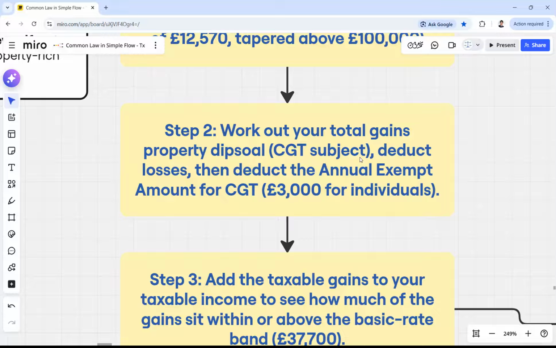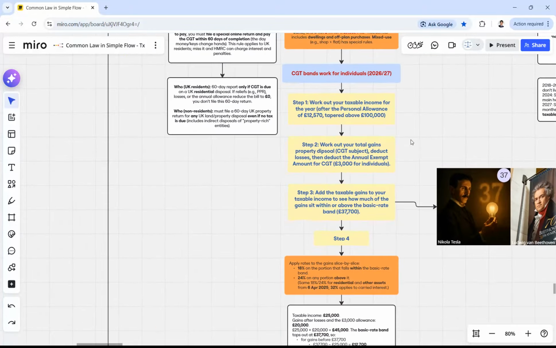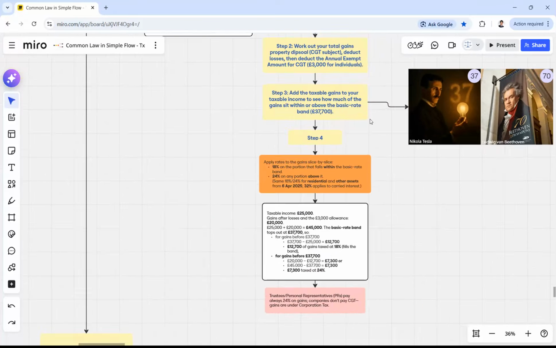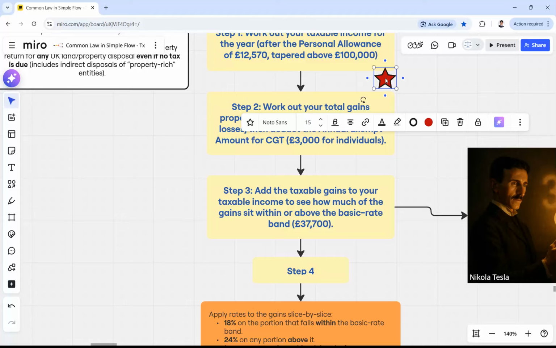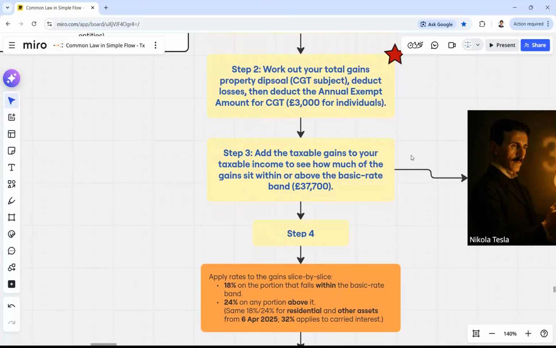Then deduct the annual exempt amount for CGT, the 3,000 for individuals. And here again, we will need a red star because we should not forget that it is 3,000 exempt for capital gain tax.